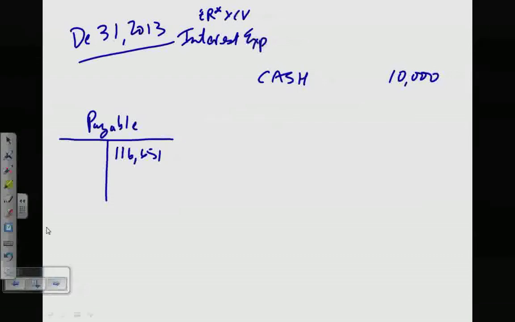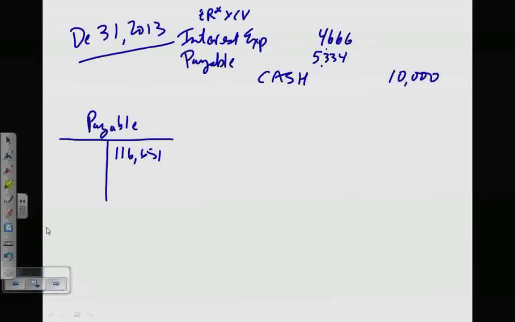And that gives me $4,666. The difference between those two is going to be the reduction of my payable, and that is $5,334.